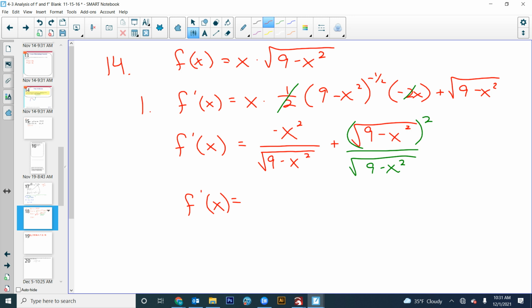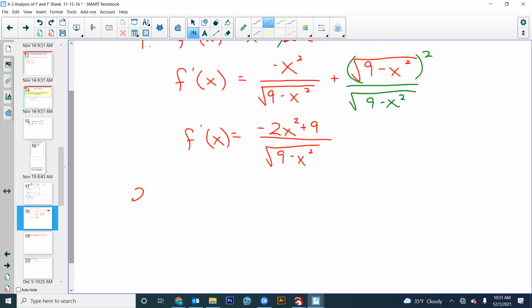What's in the numerator? Negative 2x squared plus 9. Everybody with me? Yes.